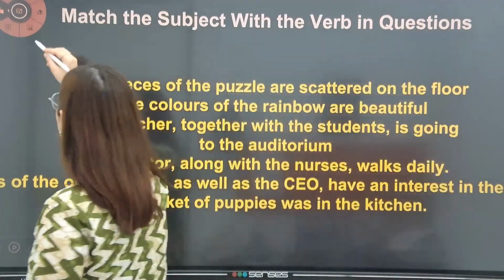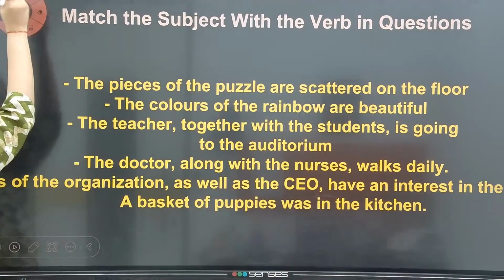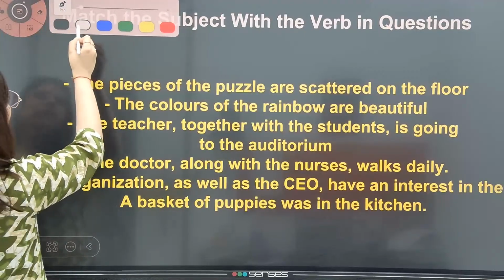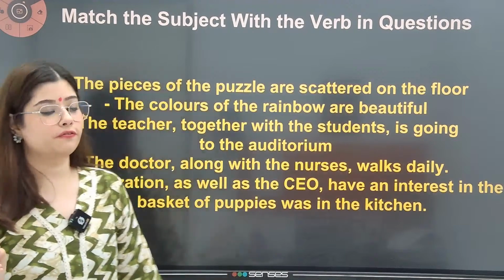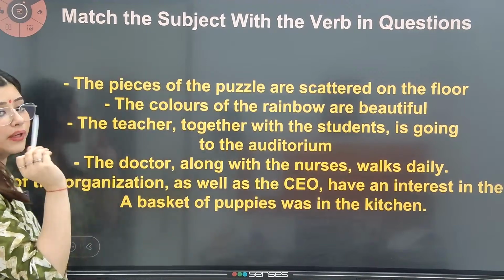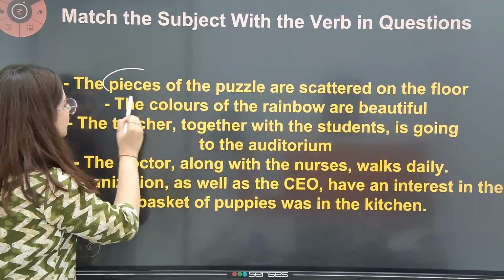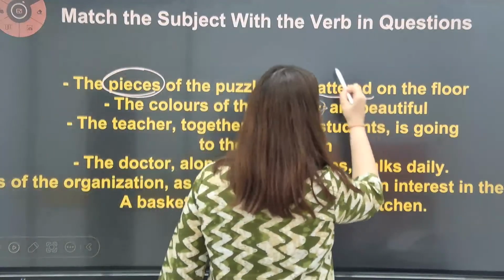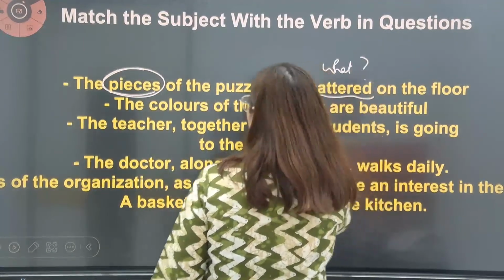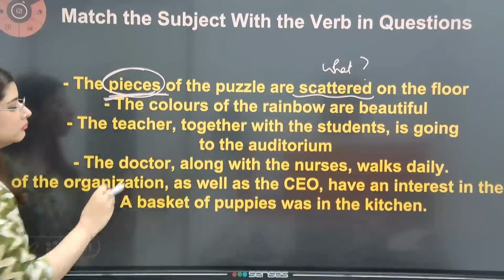So if we look at the first example, the pieces of the puzzle are scattered on the floor. Here is the subject that we need to consider. Pieces. What is scattered on the floor? Pieces.